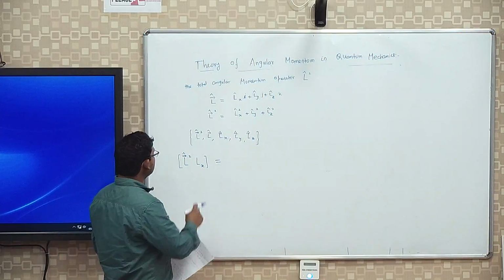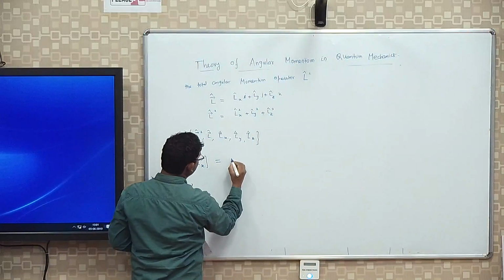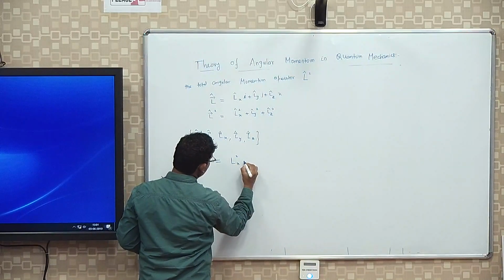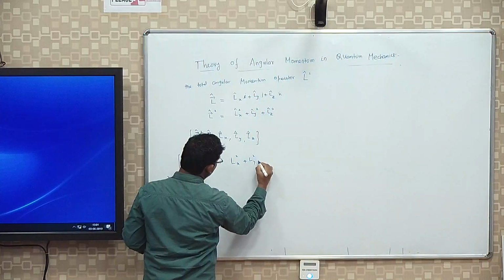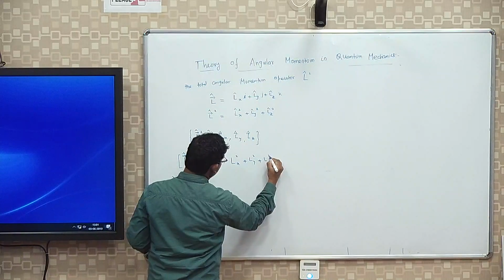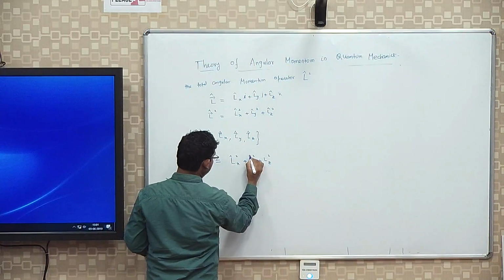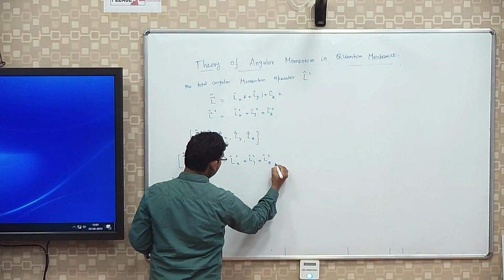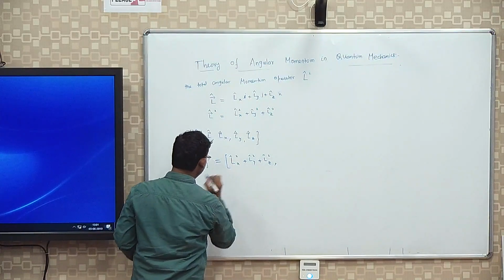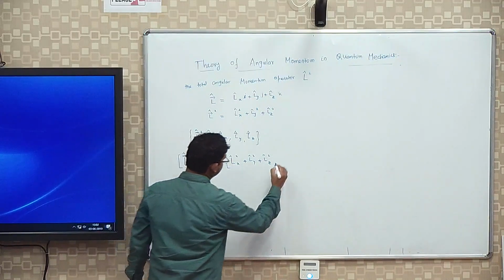So, in case of L square, we have these values Lx square, Ly square, Lz square, comma, so Lx.